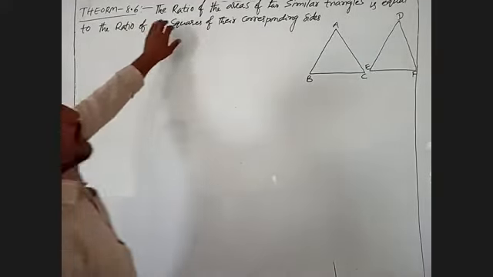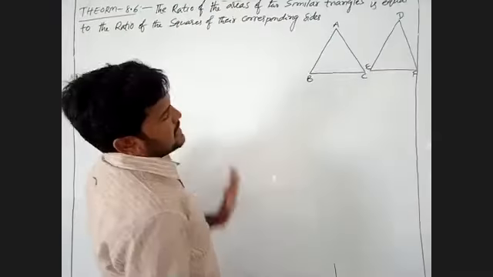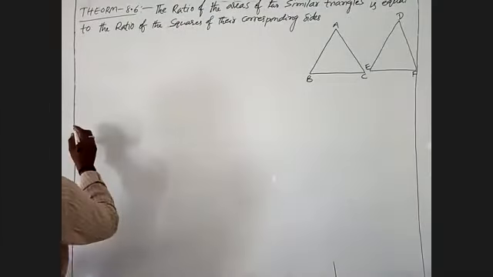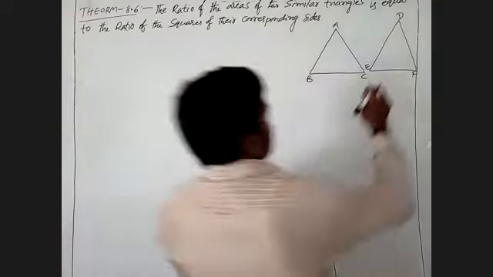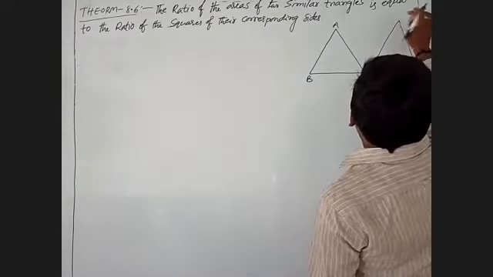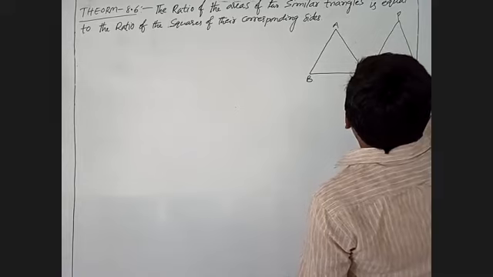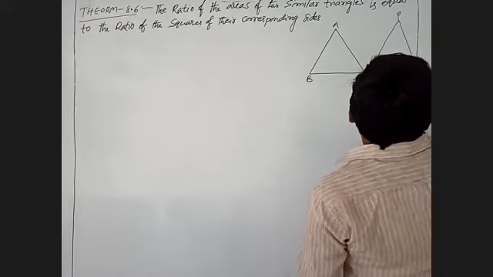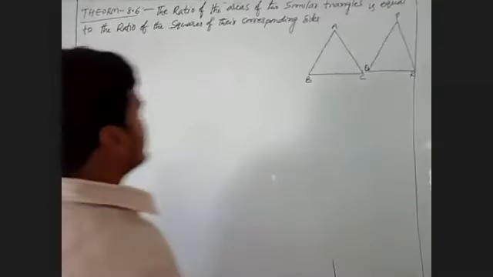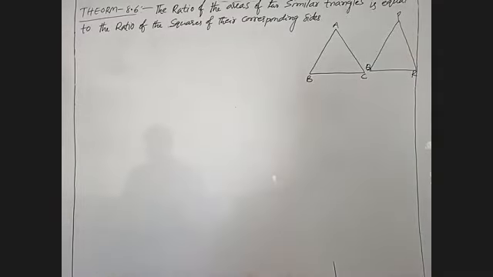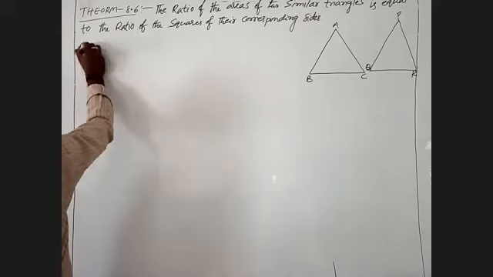The ratio of areas of two similar triangles. First, I will write the RTB. I will take triangle ABC and triangle PQR, with vertices P, Q, R. How should students write it?